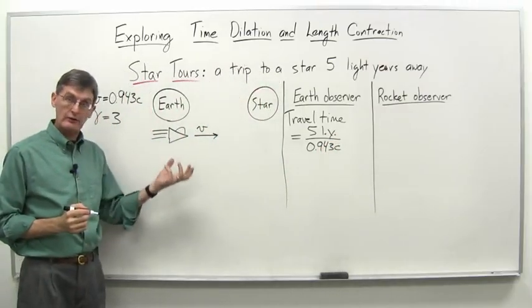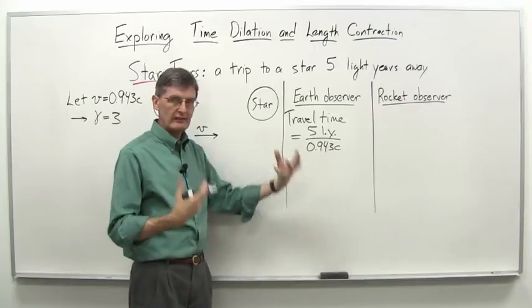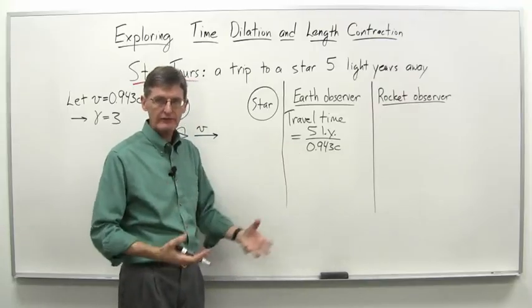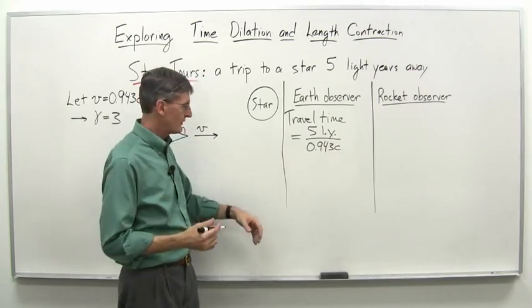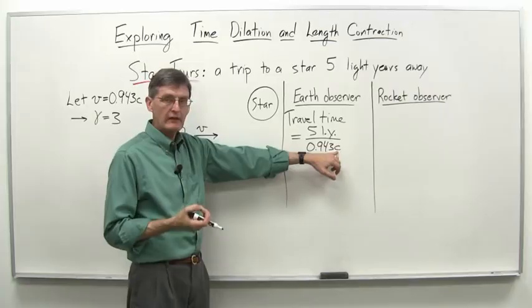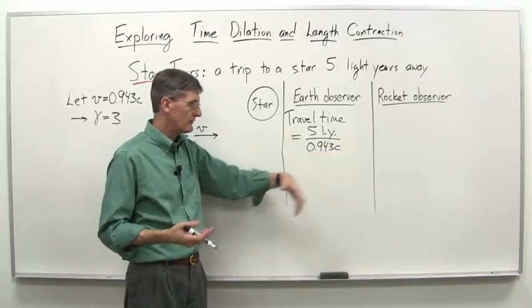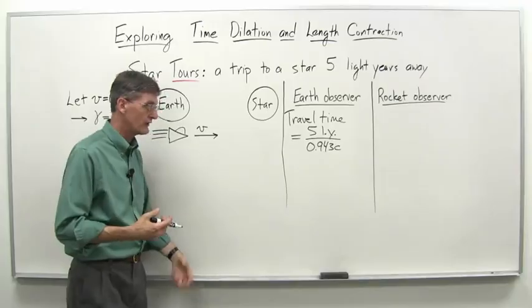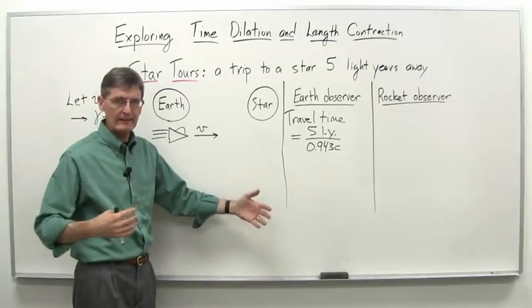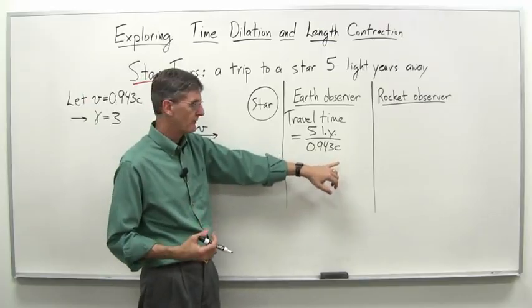As we talked about in a previous video clip, the nice thing about using distances like light years, or even light months or light seconds, although typically we use light years, especially for astronomical distances, is that the speed of light is simply 1 light year per year, almost by definition. The definition of a light year is the distance light travels in 1 year, technically in a vacuum, which of course outer space isn't quite a perfect vacuum, but pretty close.